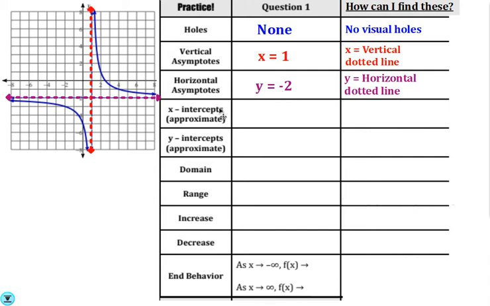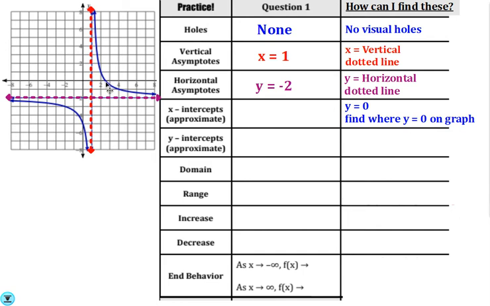Your x-intercepts. Notice this also says approximately. On graphs, we can't exactly pinpoint where it's at because we don't have a function to evaluate in this case, so we are going to approximate. We would put 0 in for y on the x-intercept, so anywhere on the x-axis where it crosses.